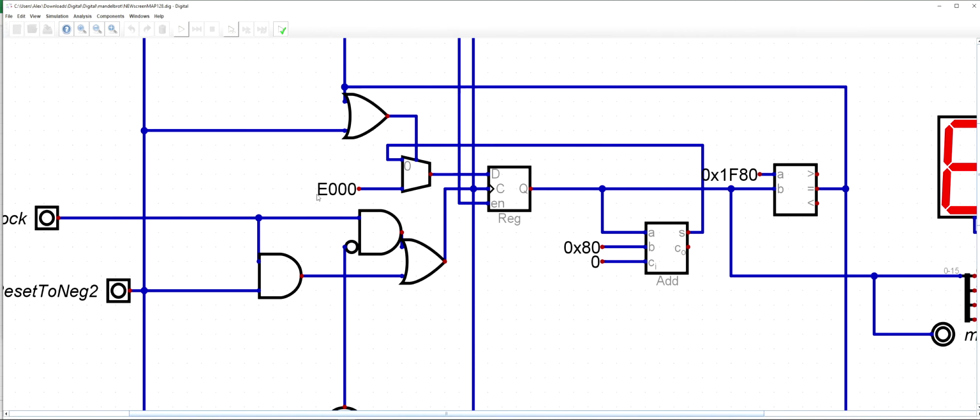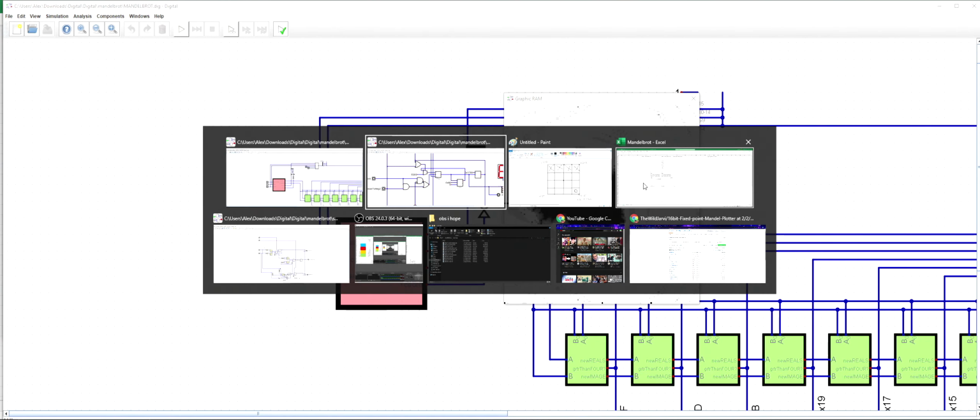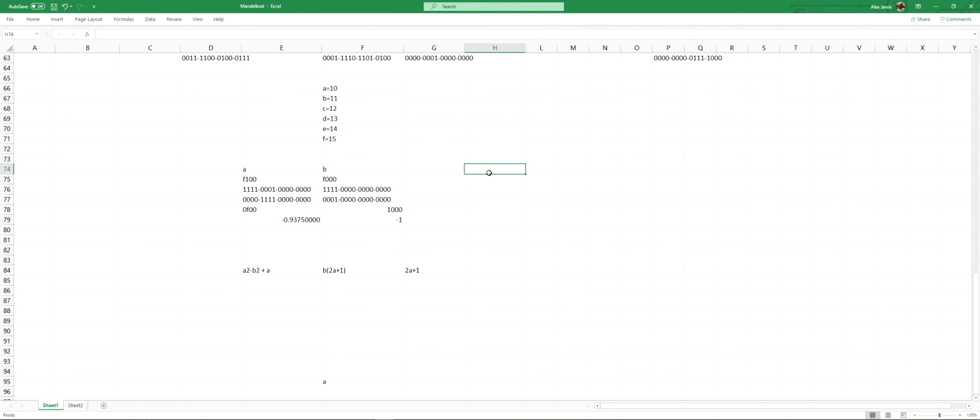And this E00, if you want to calculate what E00 is, we'd say E000, and E is 14, so that's 1110 000. We know that the most significant bit's on, so it's signed, so we have to do 2's complement.